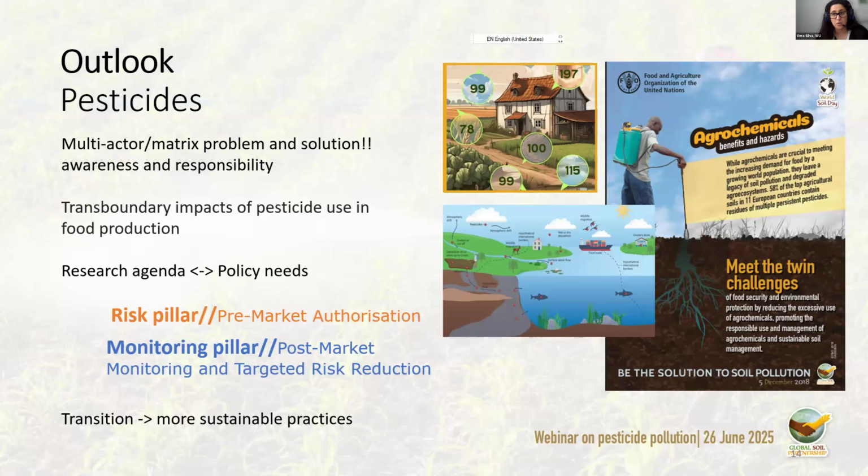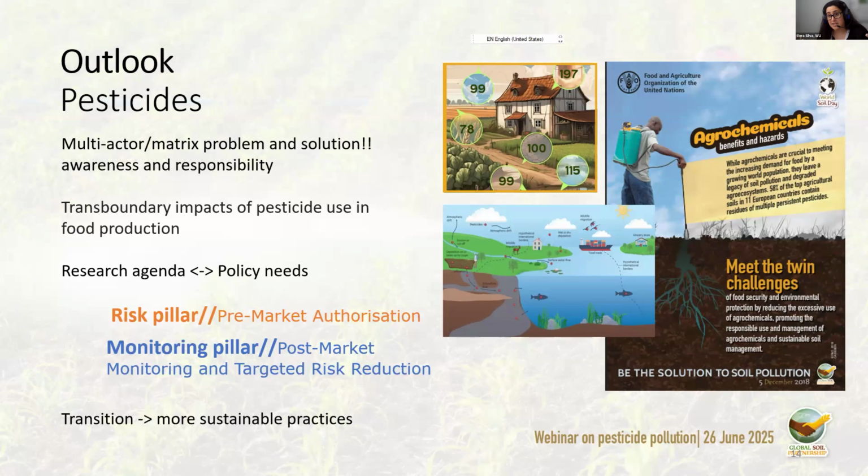So of course, soil is quite a key element and connects with the rest, but indeed should be tackled as such. But it's also a multi-actor and multi-matrix solution, I would say, and that's why I put also a poster from FAO from some years ago about being the solution to soil pollution, because indeed it's important that the awareness and the responsibility is there.